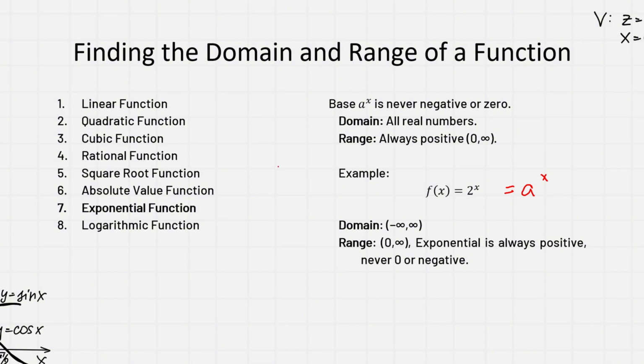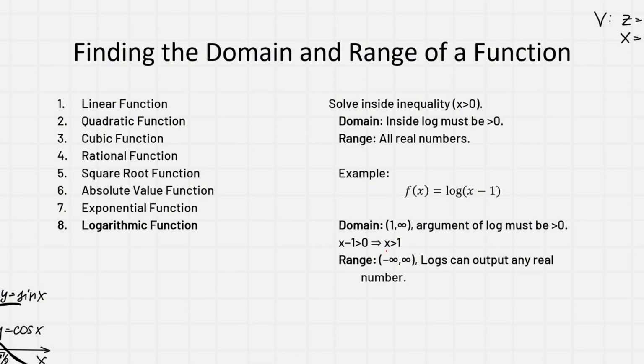Again, the domain of this is negative infinity to positive infinity, and for the range we have parenthesis 0, comma, positive infinity, parenthesis.